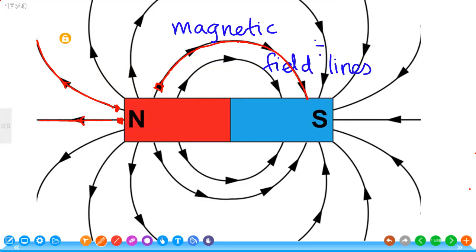They are shown as the magnetic field lines. You should know only one thing here: the direction of magnetic field lines is always from north to south, or from North Pole to South Pole. You have to remember that.